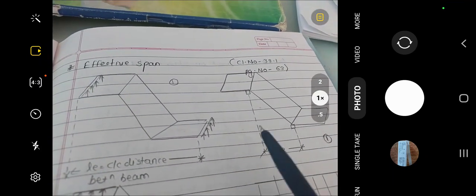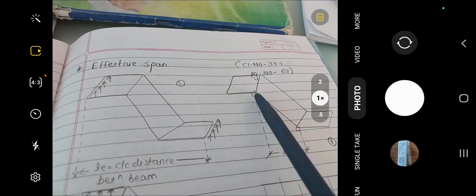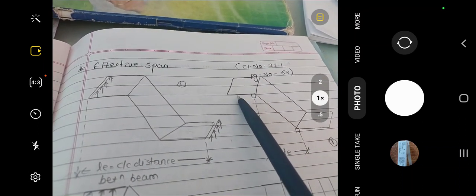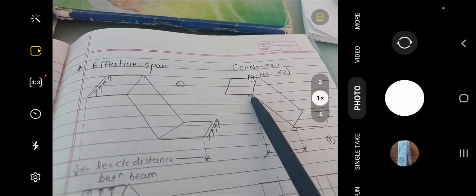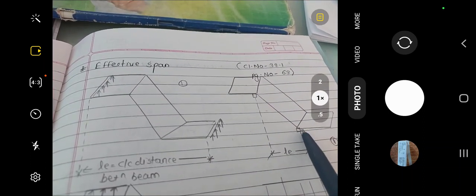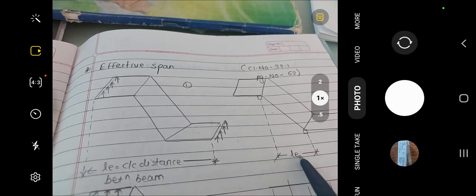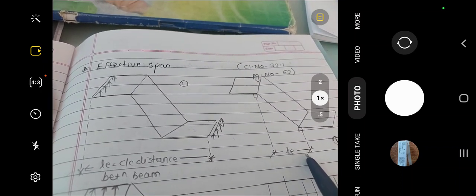In the same case, if my beam is shifted from this point to here, that is beneath the first flight, and here the beam is shifted from this point to here, that is beneath the starting of the first flight, my effective length will be this much.